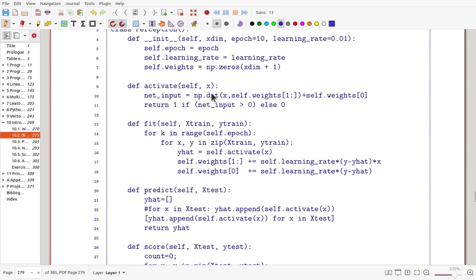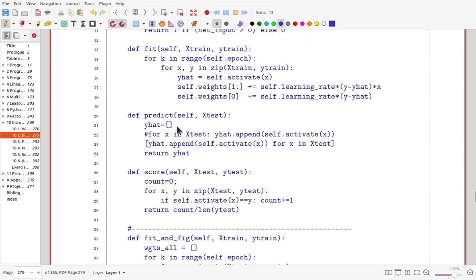Now predict: start with an empty y hat and all test data points, and you can implement it either this way or that way. From an empty y hat, you append the activation value for each x in the x data set.